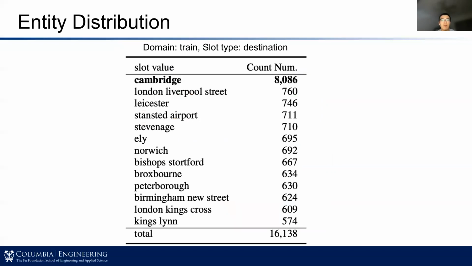Then we count the frequency of each slot value for the slot type train destination. And the result here shows that the value Cambridge shows up much more frequently than others. Similar cases show up in other slot types. These added biases are potentially amplified by the learning model, which would lead to biased generation.